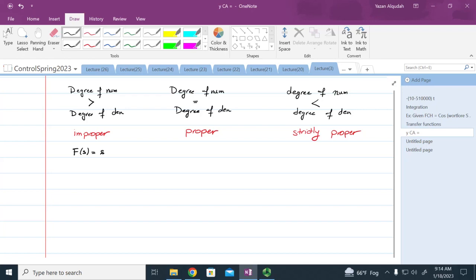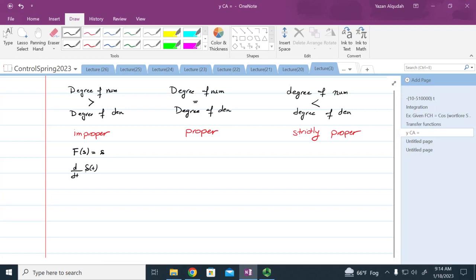Okay, what is an example of a proper one? This is the derivative of a delta of t. A delta gives me a 1.